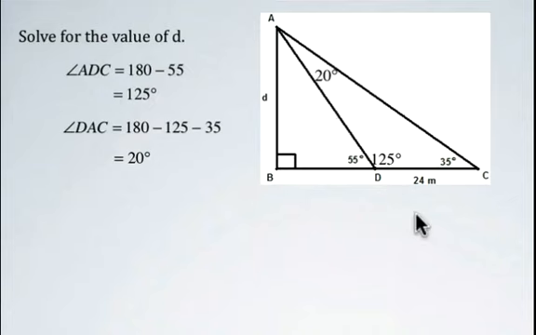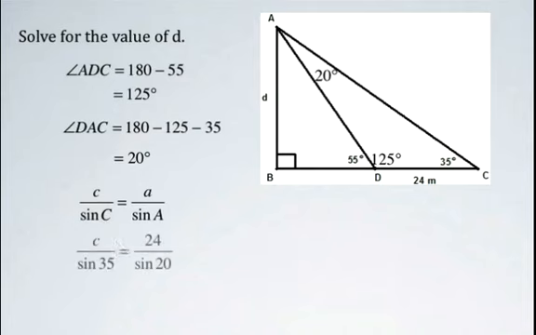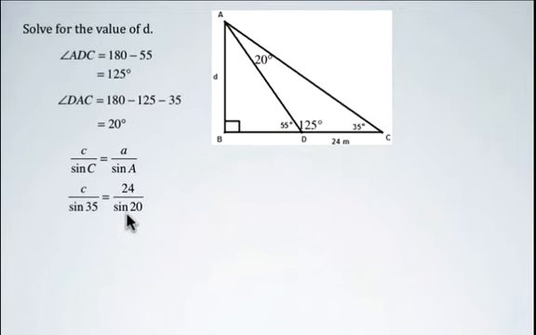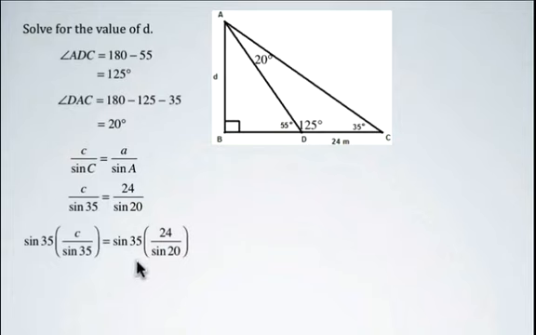And we're going to call that C because it is opposite angle C. So we're going to use sine law then in order to find the measure of side C, which is side AD. So when we sub in, angle C is 35 degrees, A is 24 meters, and angle A is 20 degrees. So we solve for C by multiplying both sides by sine 35.